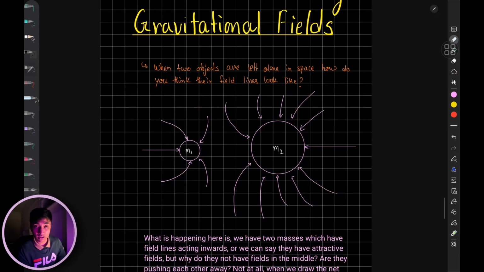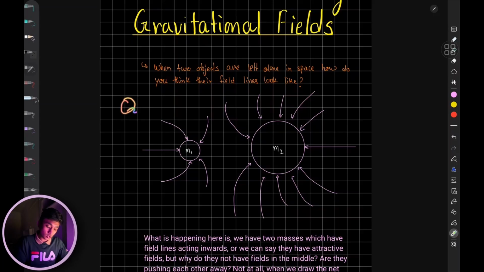What I want to show you is, let's say you have two masses. I want to talk about two separate masses, and then introduce a third mass and have a conversation there. So if you have two masses over here, let's draw the gravitational field lines. How would you draw them is my question.